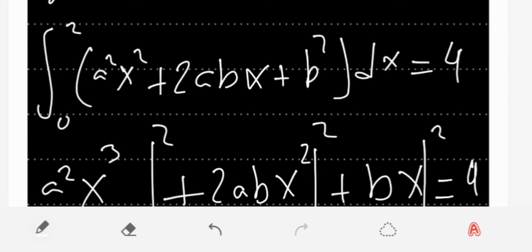I just integrated this: a squared times x squared integrates to x cubed divided by 3, the integral of a polynomial. This over here would be x squared divided by 2 from 0 to 2. And b squared, I was already forgetting. There is a squared over here.